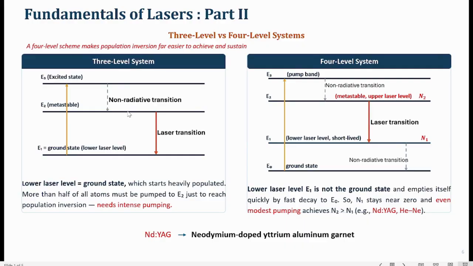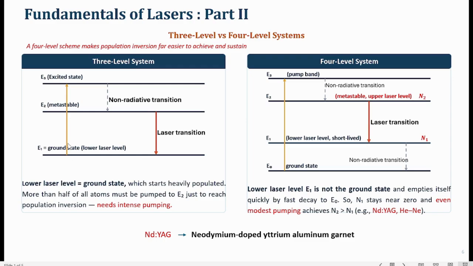Now this metastable state has a longer lifetime, so an accumulation of atoms will occur in this state E2. If the number of atoms in the ground state is N1 and the number of atoms in this state is N2, then to create the condition of population inversion, N2 must be greater than N1.